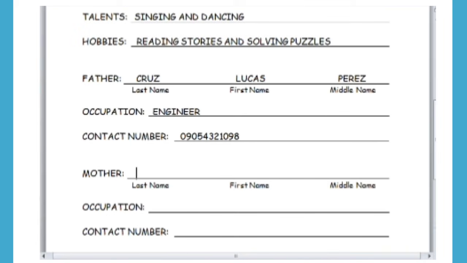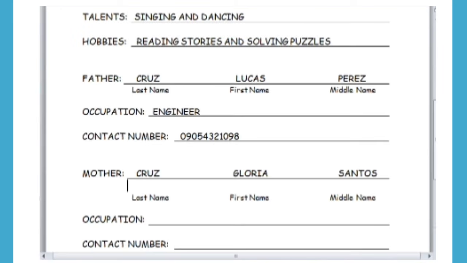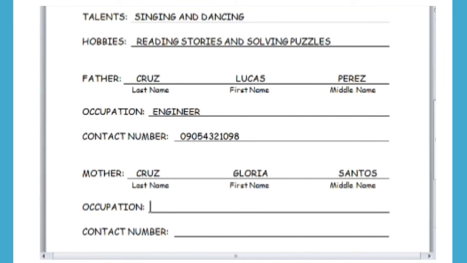Okay, let us now have mother's name. Last name, the same. It's Cruz. First name is Gloria. And the middle name is the same as John's middle name, which is Santos. Occupation.